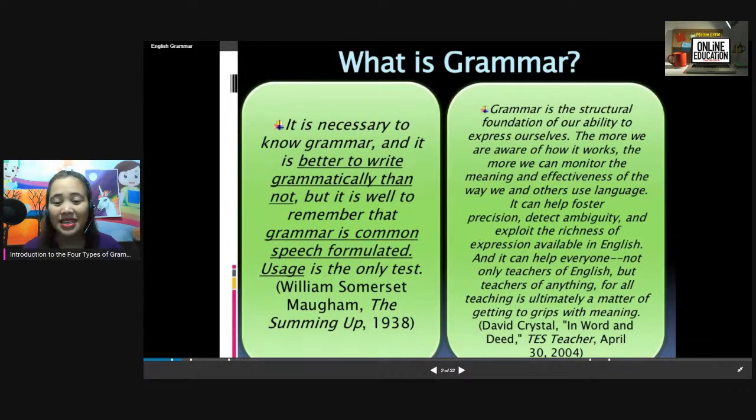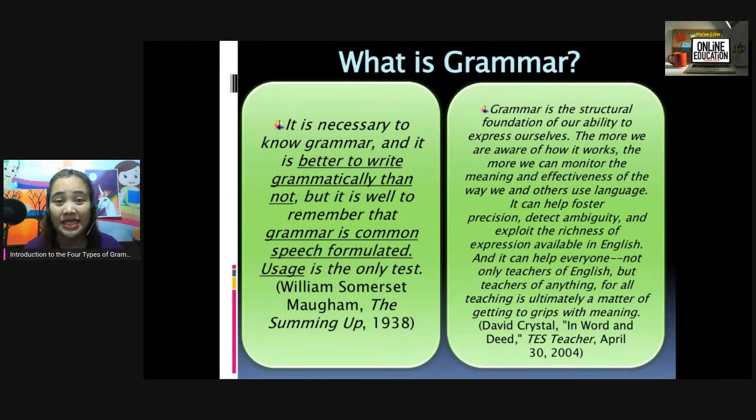Grammar is the structural foundation of our ability to express ourselves. The more we are aware of how it works, the more we can monitor the meaning and effectiveness of the way we and others use language.